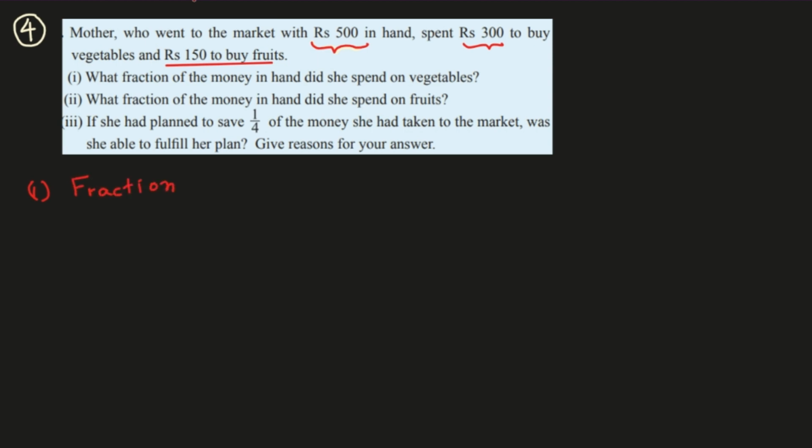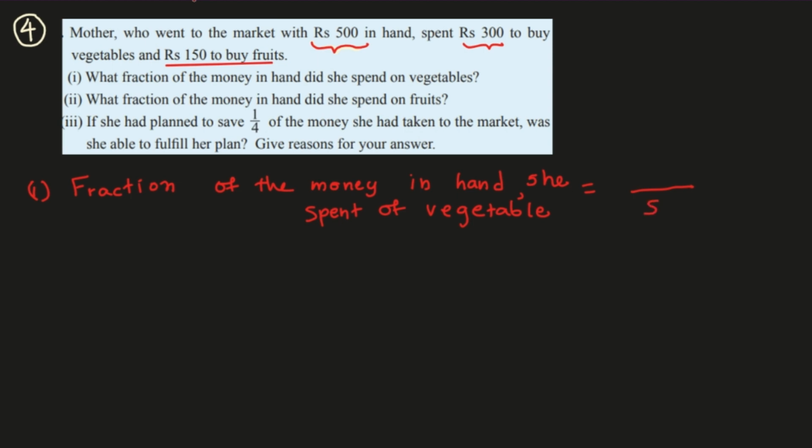Fraction of the money in hand she spent on vegetables equals, the total amount of money she had in her hand is 500 rupees.